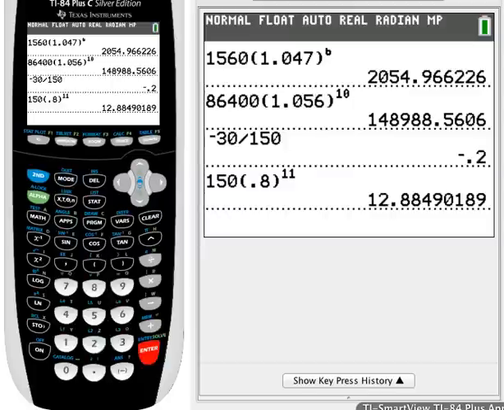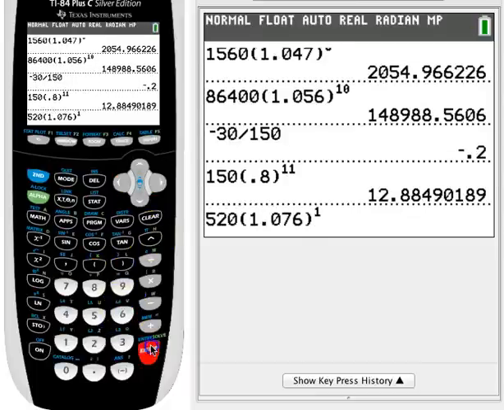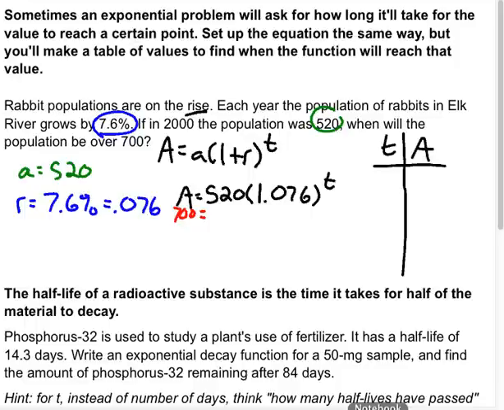So let's try this out. 520 times 1.076. Let's try it after 1 year. After 1 year, 560.